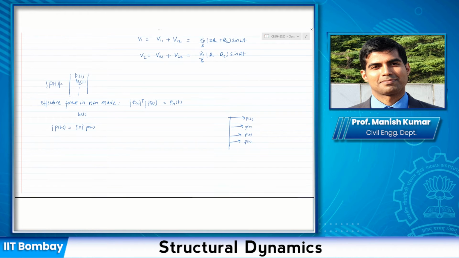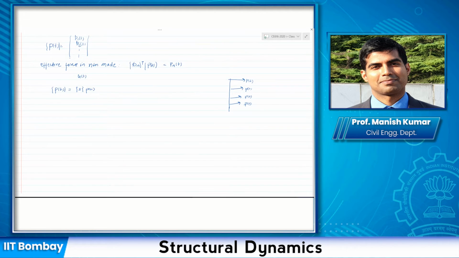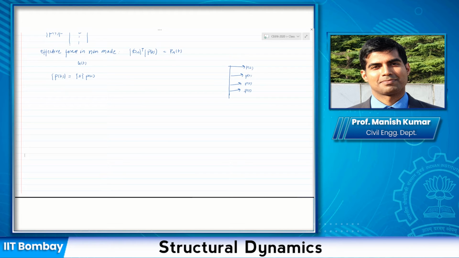Basically, let us say I have something like that. For this vector, what I wish to do is, for different modes, get the spatial distribution as something like this.